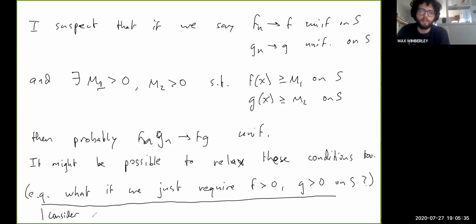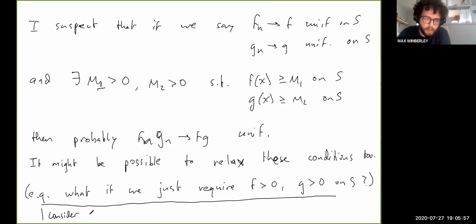But the theorem about limits of products used this inequality: an bn minus ab is less than or equal to, and then you add in an b and A and B in the middle, and then use the triangle inequality.